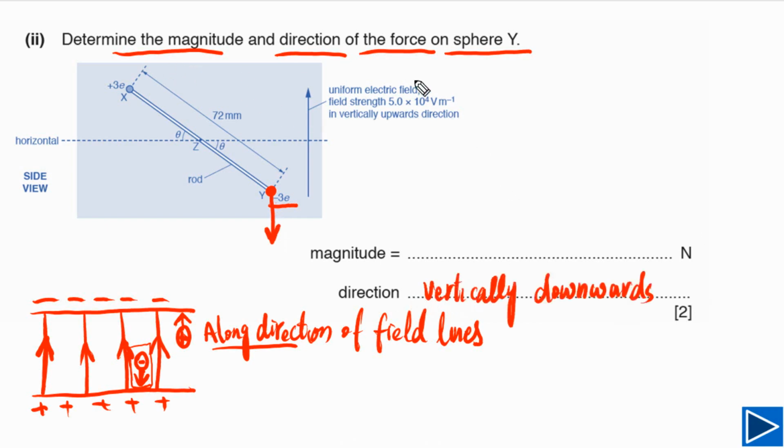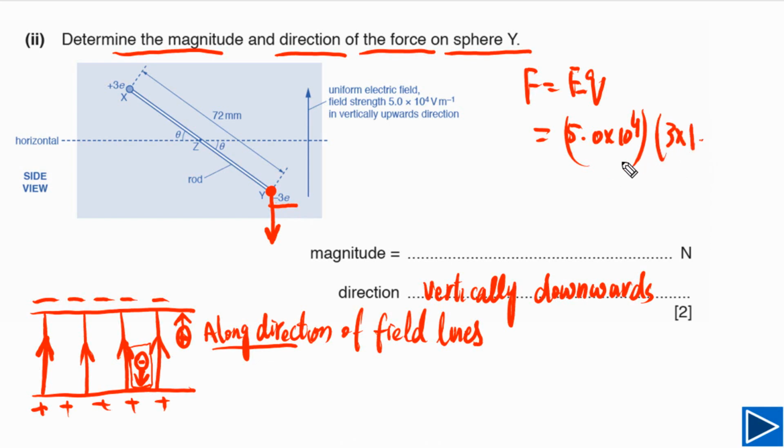Let's try to find the magnitude of force now. Electric force is simply F equal to EQ. In this case, value of E is given, that is 5.0 times 10 to 4. And the charge on this sphere is 3 times the charge on single electron.